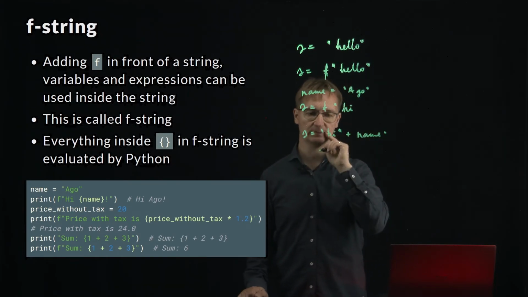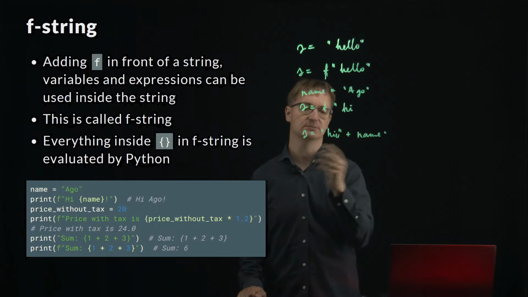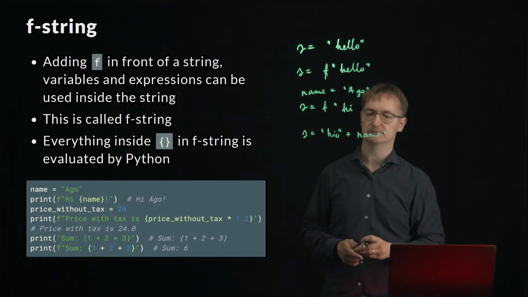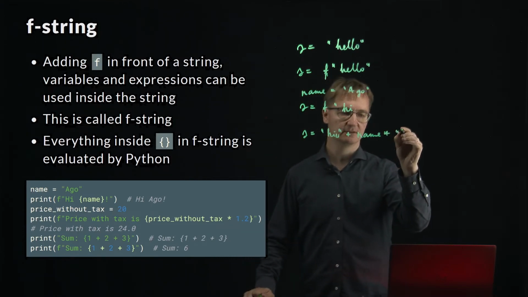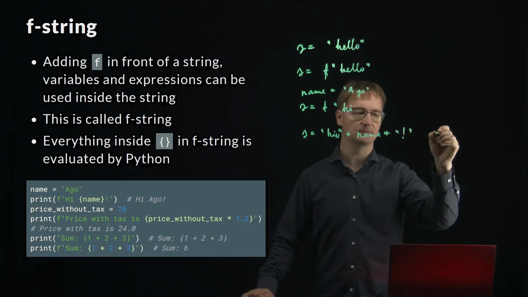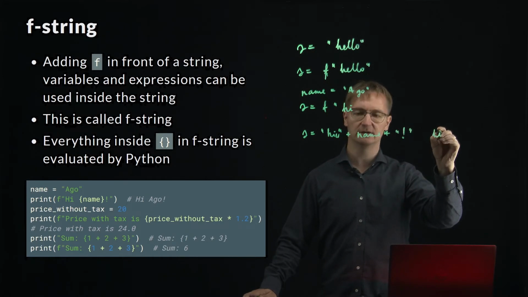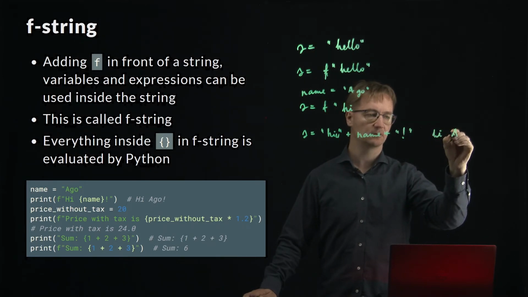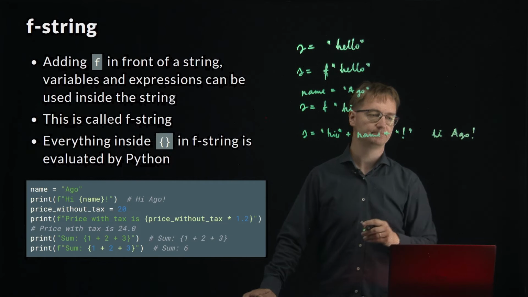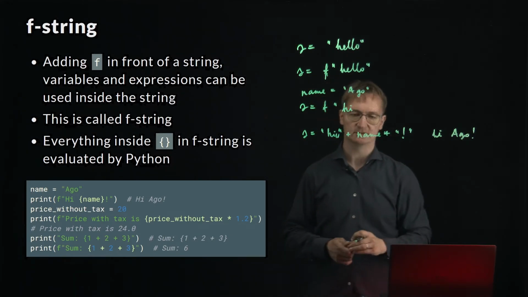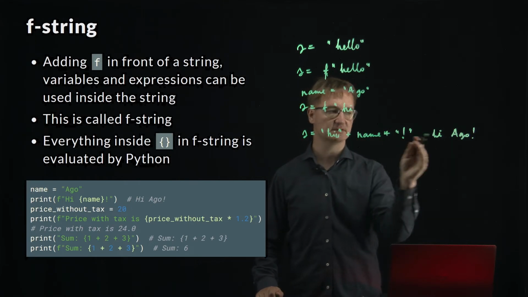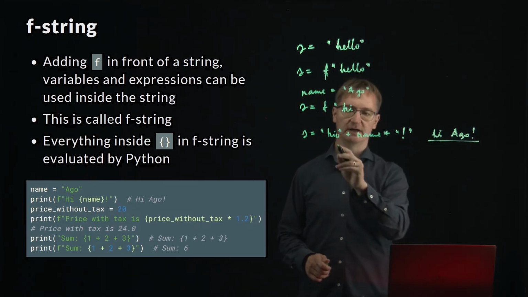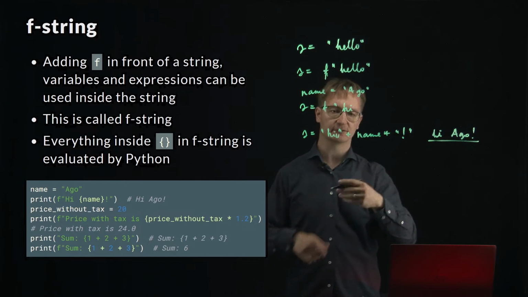Of course, a space would be nice, or comma or whatever. Let's say we also want to add an exclamation mark, so we will get something like hi Aro. Nothing too fancy about it, but still, you can see that to have this name inside this result, I have to write a lot of code.